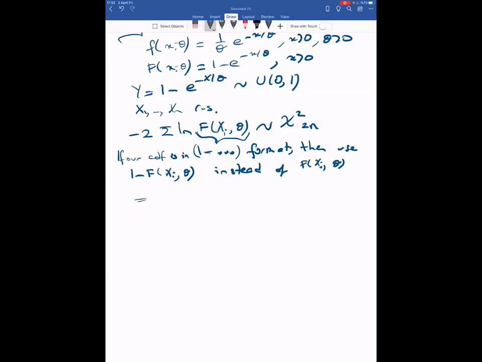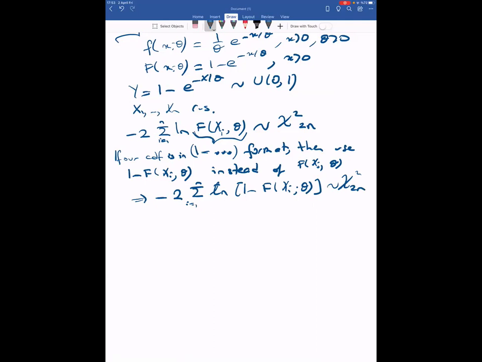Then in this case, the calculations will be easier and you will get the same result. So ln of 1 minus F of xi given theta. This will also be chi-square with 2n degrees of freedom, and your calculations will be easy.